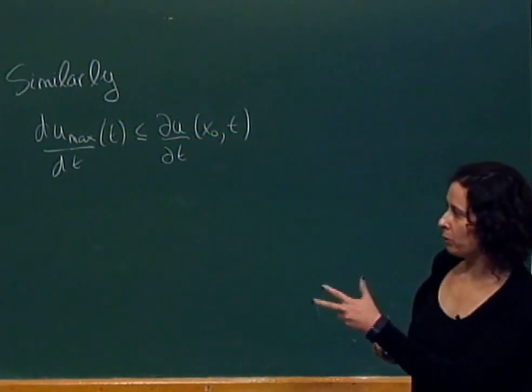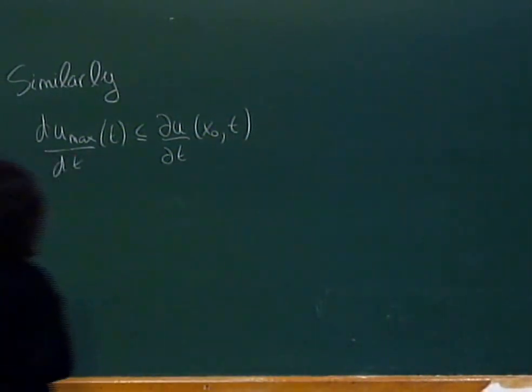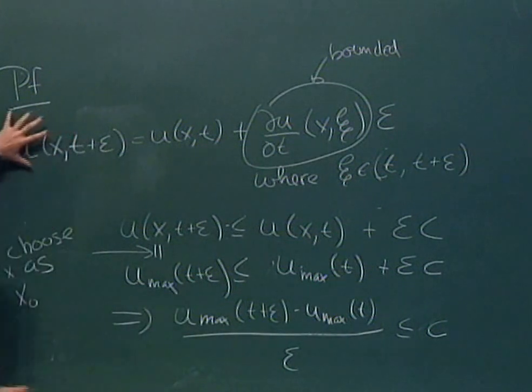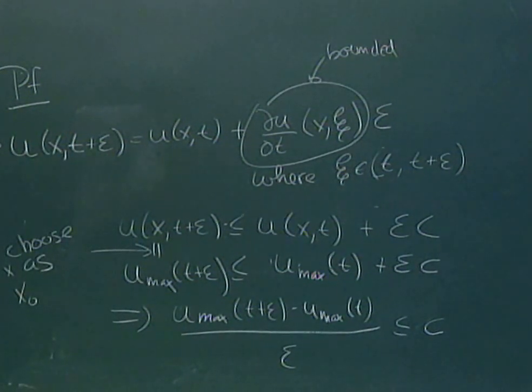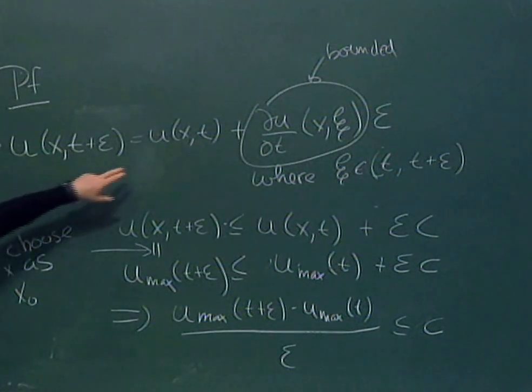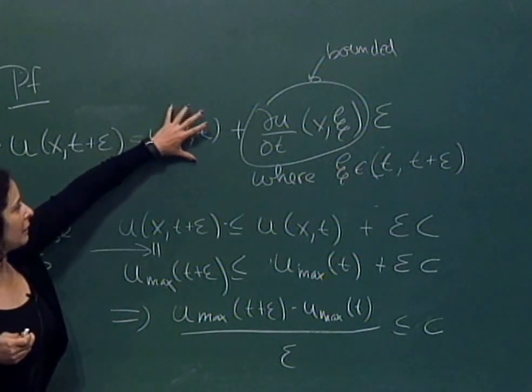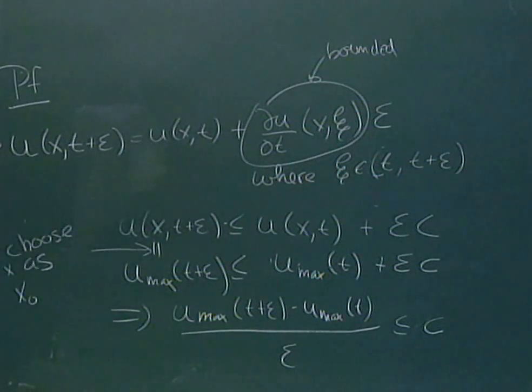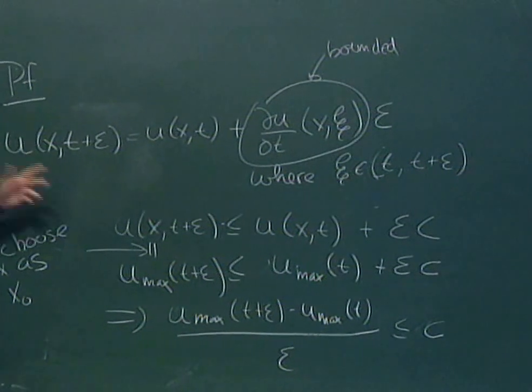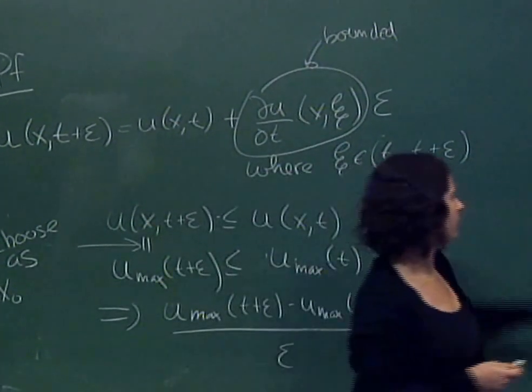and you can play the same trick the other way around. Instead of replacing this here, I can bound this one by u max, and try to choose the x in a way that the maximum is attained on this side. And then I would get the opposite inequality.